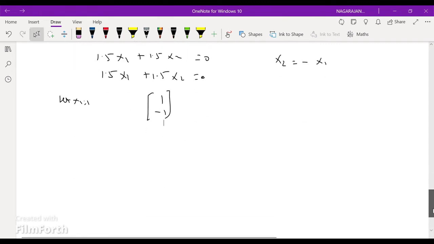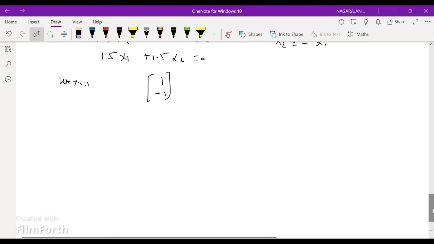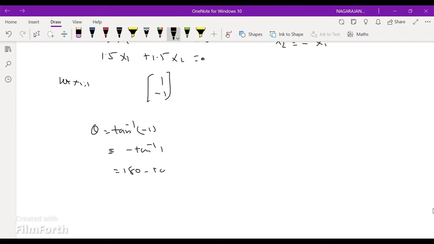So we need to find the angles. Theta equal to tan inverse of minus 1, that is equal to minus tan inverse of 1, that is 180 minus tan inverse of 1. So 180 minus 45 degrees, that is equal to 135 degrees.